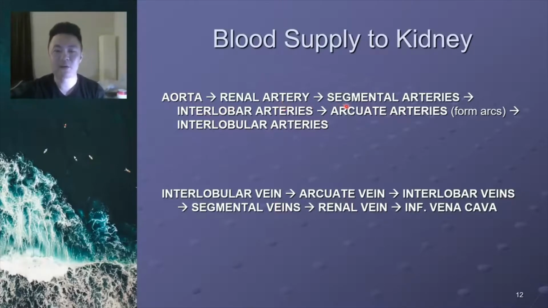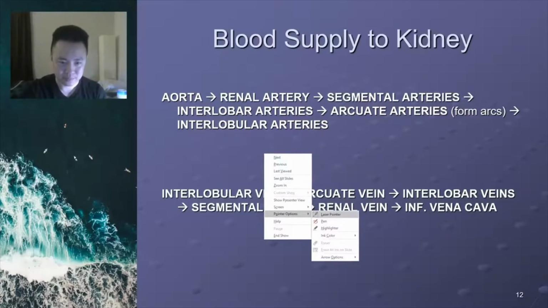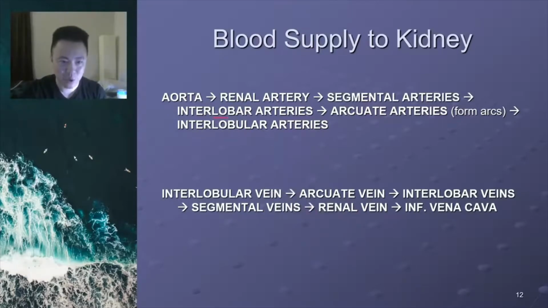And then it goes into segmental arteries, into the interlobar arteries, lobar arteries, and then into arcuate arteries, which form arcs, and then into interlobular arteries, okay, and then finally into the kidney.